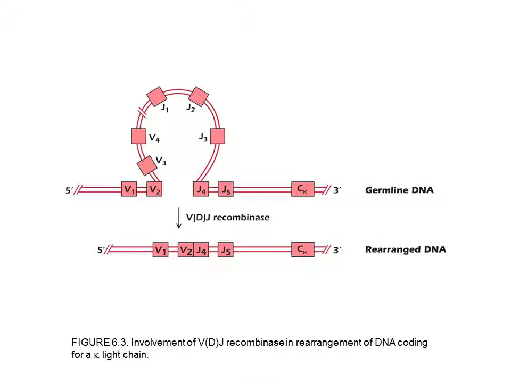And as the name suggests, this is a product of two recombination activating genes. It is called RAG. R stands for recombination, A for activating, and gene, of course, RAG1 and RAG2. And they are very critical in initiating the recombination in lymphocyte precursor cells.